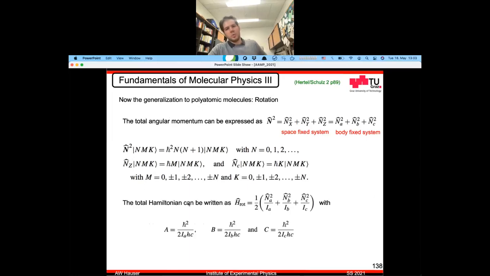So what's now the big advantage of the body-fixed system? Well, in the body-fixed system, we have the advantage that our moment of inertia tensor is diagonal.